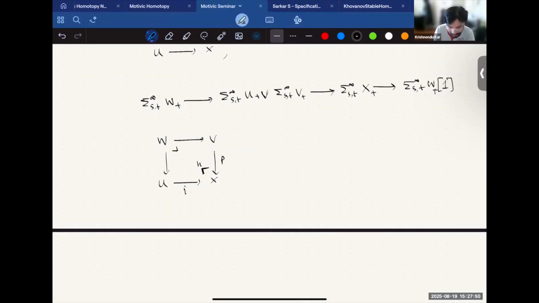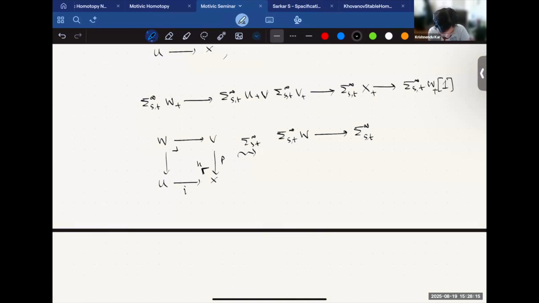Now, if you accept this, then again, the same logic will apply here. You apply suspension ST. I don't know how to call this functor, the suspension ST functor.